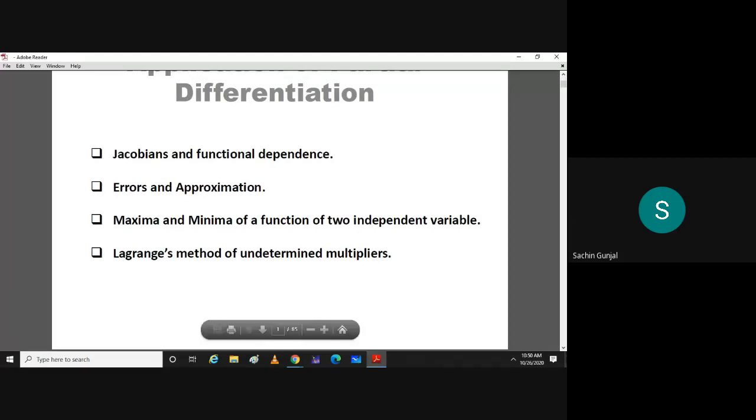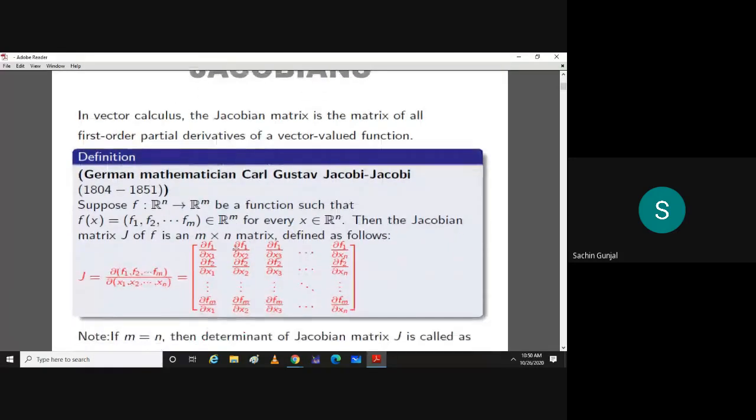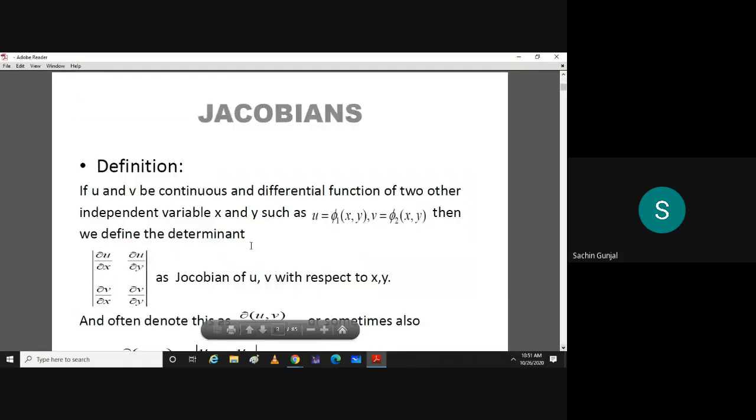So Jacobian is a determinant. This is a general definition of Jacobian, and in particular we'll be studying two variable Jacobian and three variable Jacobian.